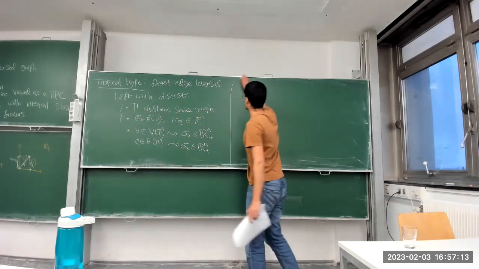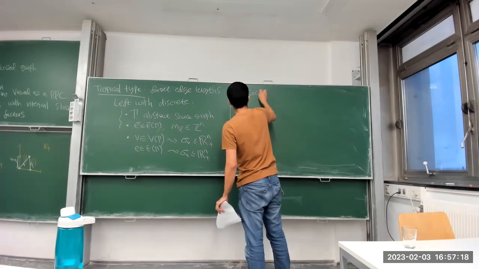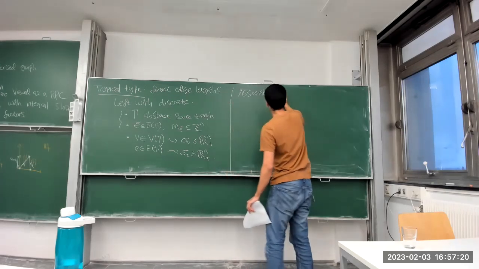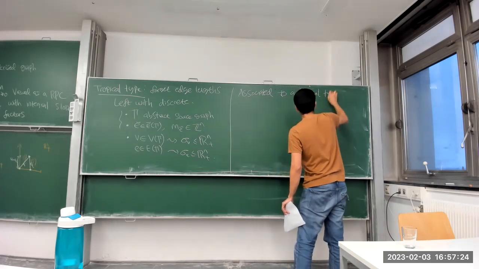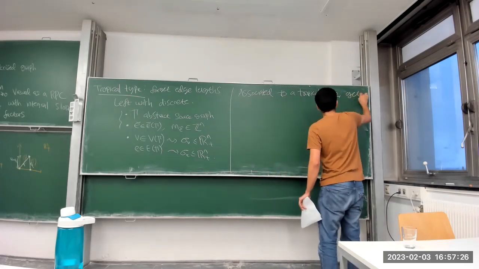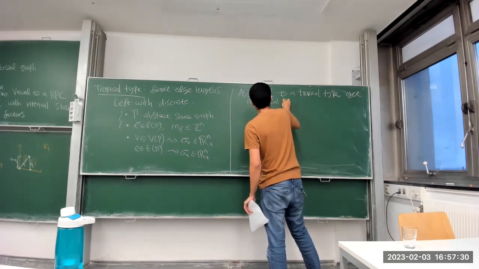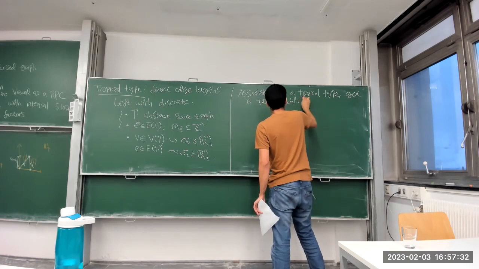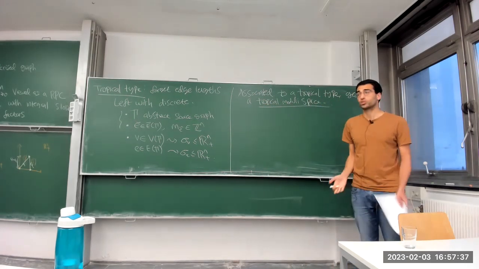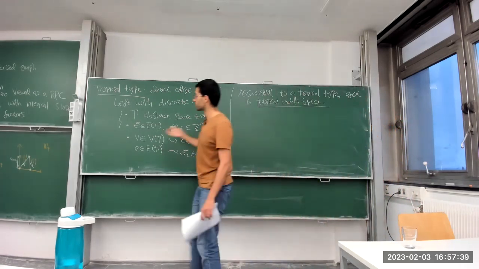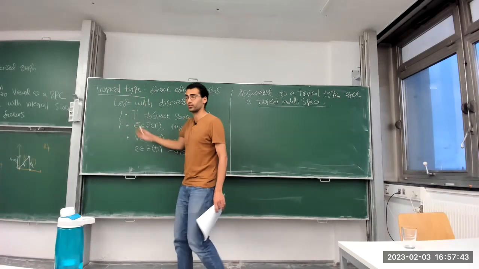Associated to this, if I give you a tropical type, we get something called the tropical moduli space. It's just the moduli space which parameterizes edge lengths, in other words, metrizations of gamma which are compatible with all this discrete data which I put in.